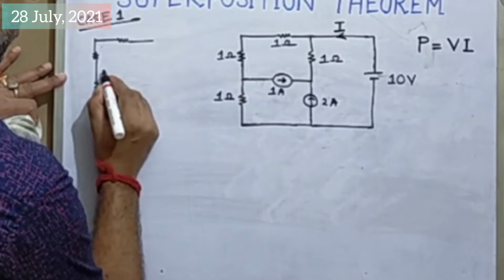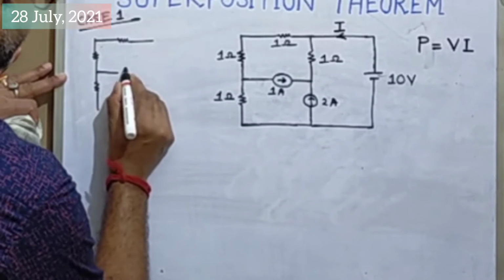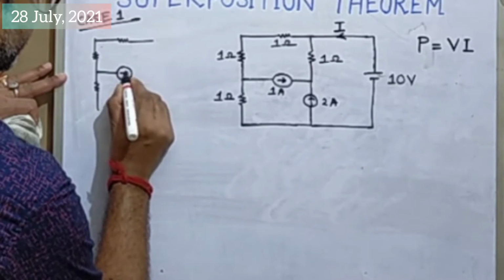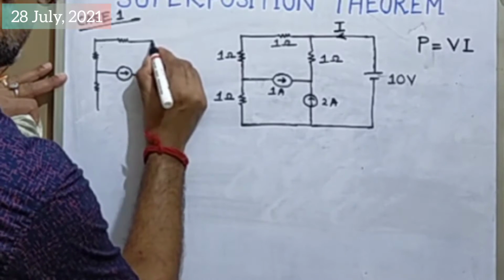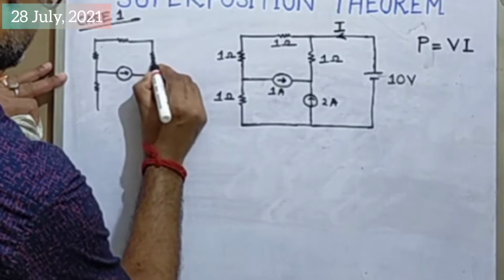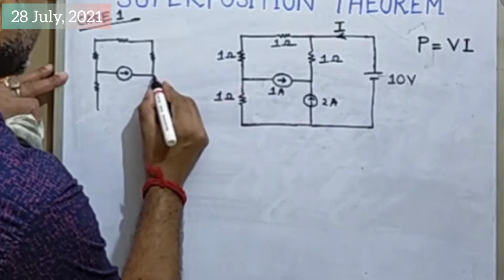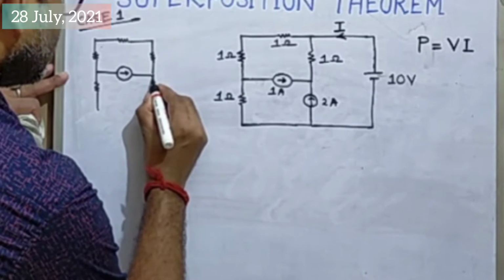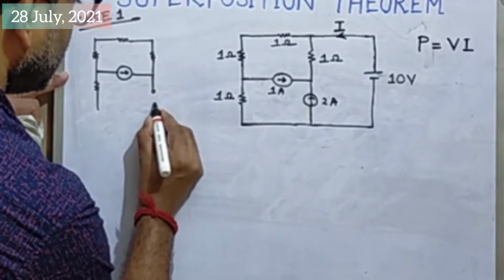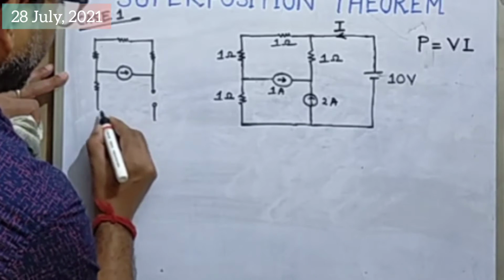Only this current source will be considered, 1 ampere. So the other current source will be eliminated by making the branch open. So there is the open circuit.